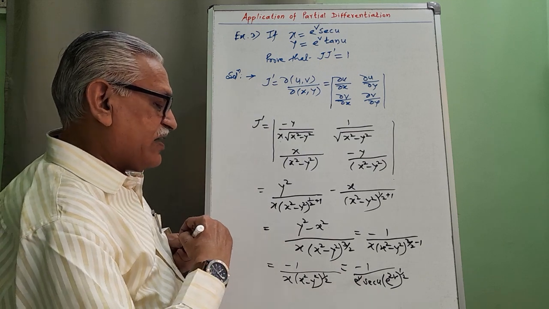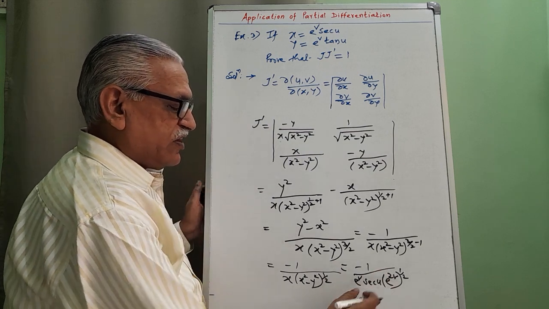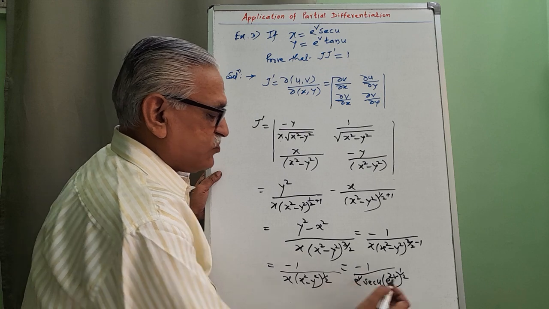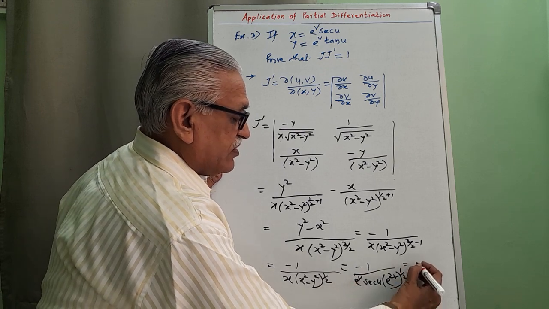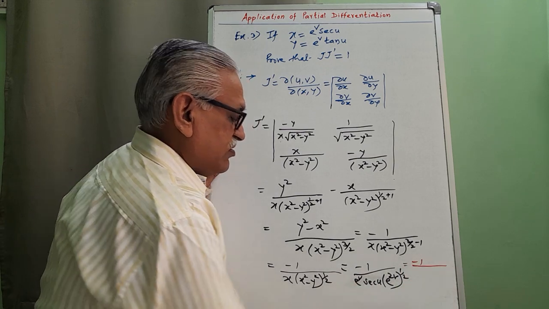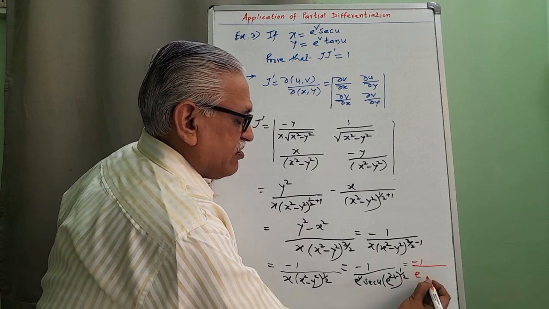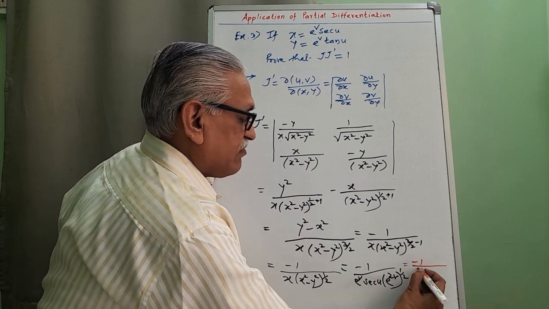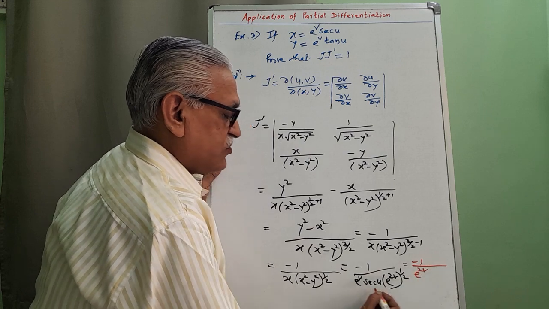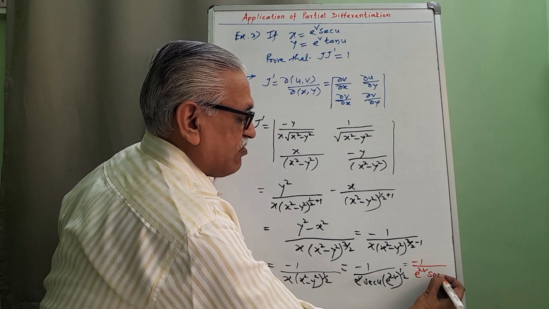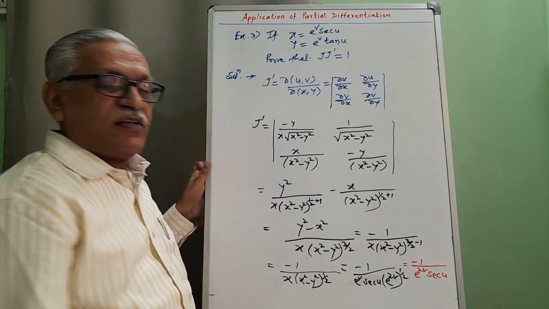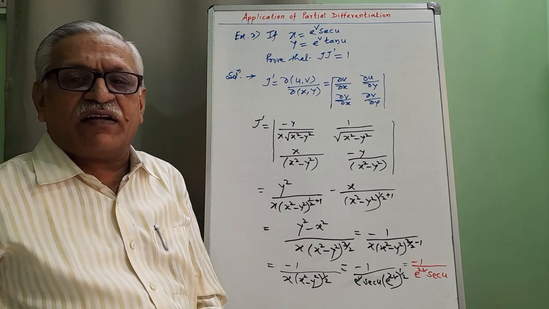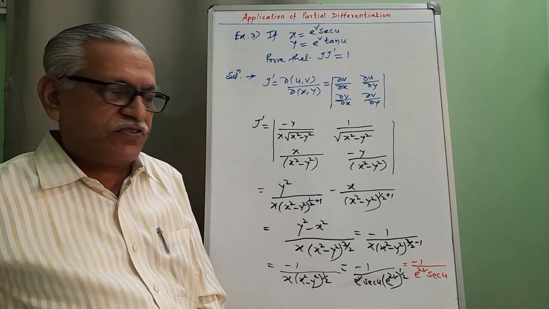We get that value as, square root and square get cancelled, e raised to v into e raised to v, minus 1 upon e raised to 2v into secant u as the value of j dash, and then take the product of j into j dash.